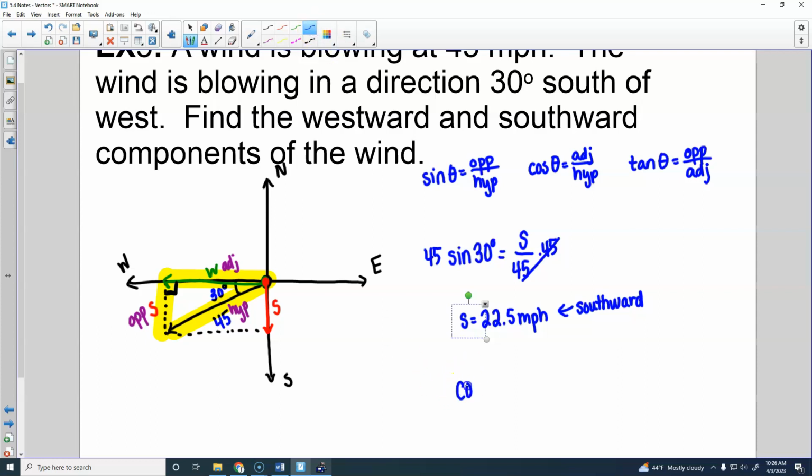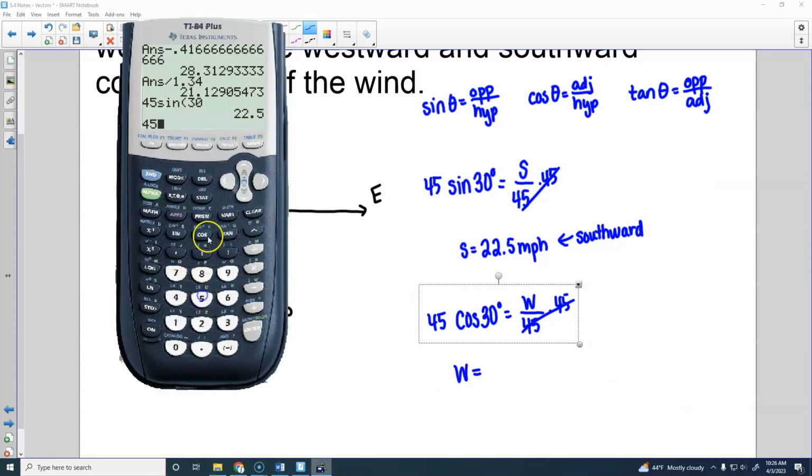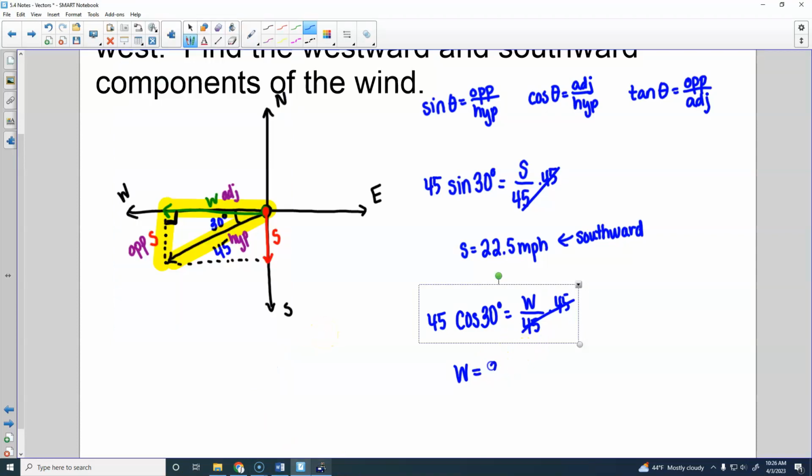So cosine of 30 degrees would be adjacent over hypotenuse, so W over 45. And we would just have to multiply both sides by 45 here as well. And for W, 45 cosine 30 is going to give us 38.971 miles per hour.